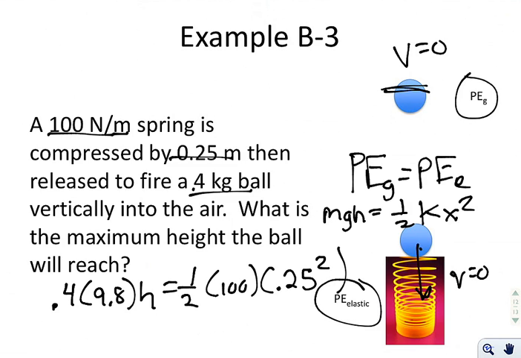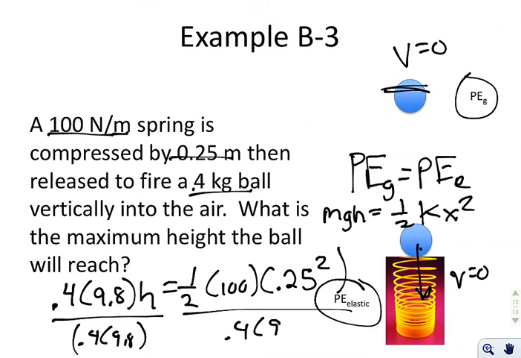Now, when you take 1/2 and multiply it by 100 and then by 0.25 squared, and you set it equal to 0.4 times 9.8, you can actually go ahead and divide both sides by 0.4 times 9.8, and you can do this all at once.